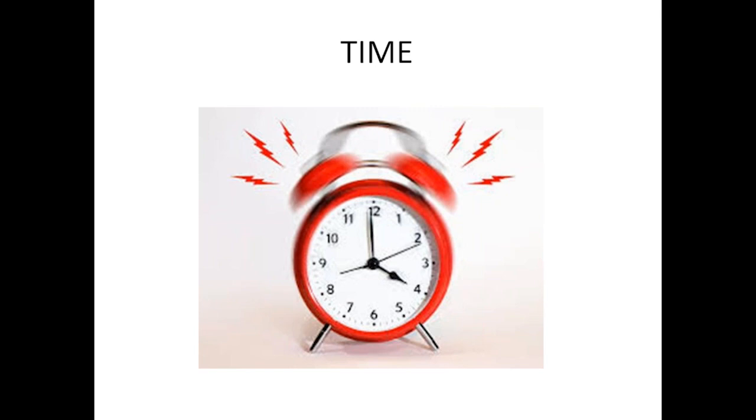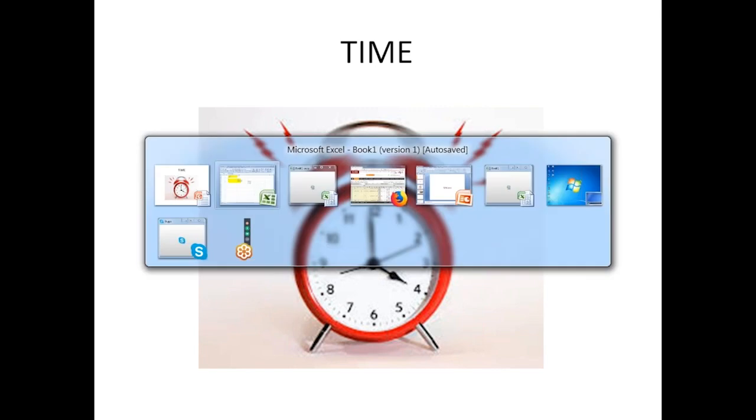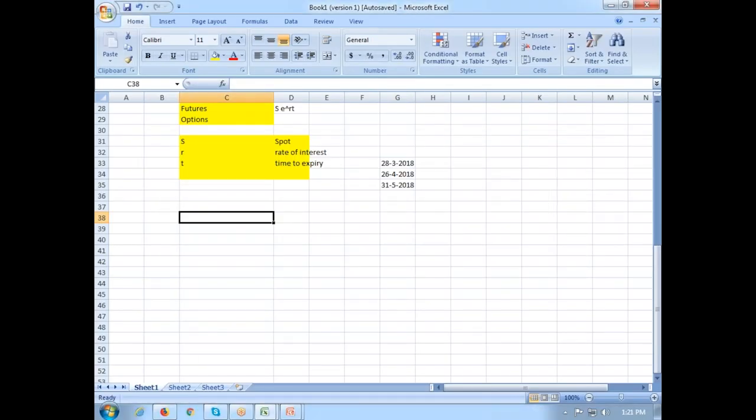So time is important, and as far as options are concerned, very important. Why is time important? How much time do you get to trade in an option contract which will expire in 1 month? You are getting almost 4 weeks, 20 days.